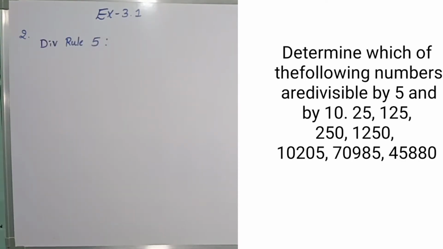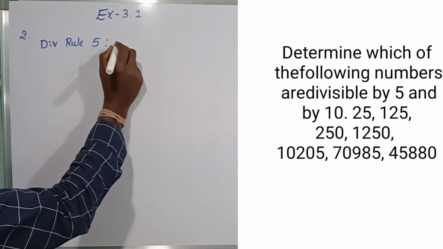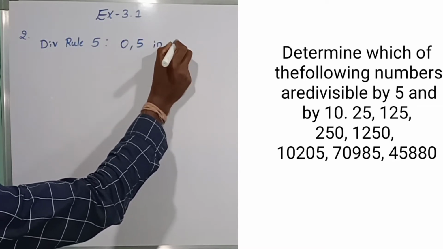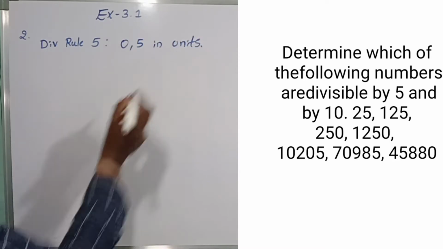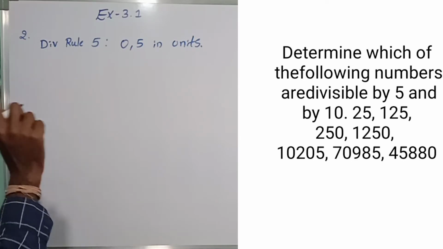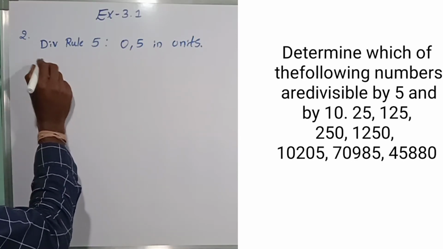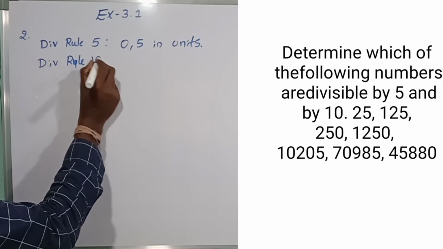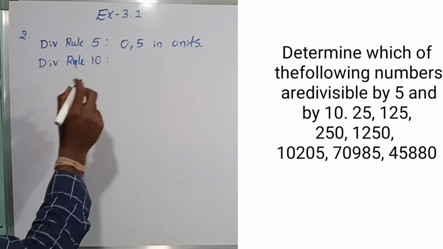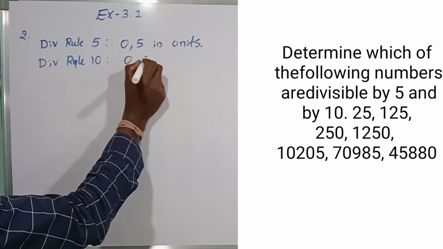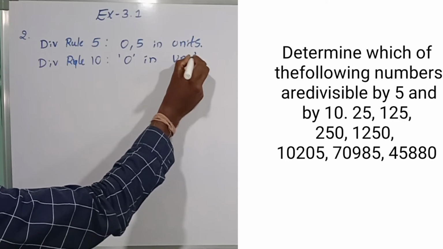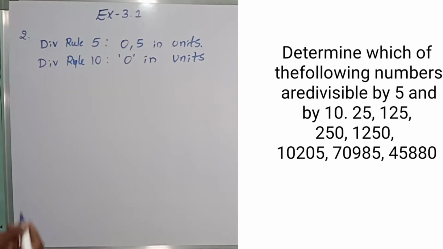What is the divisibility rule for 5? If the number contains 0 or 5 in the units place, then the number is divisible by 5. The divisibility rule for 10: if the number contains 0 in the units place, only 0, then that number is divisible by 10.